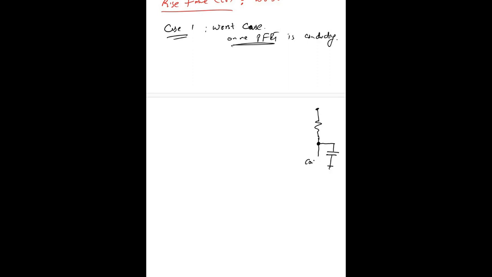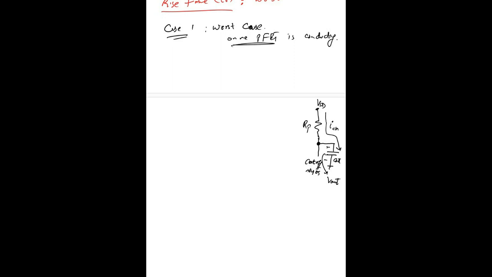Our NMOS is cut off, this is not conducting. So we can say that the current flows to this capacitor, that is Cout, and we can represent it as I, the charging current that flows from VDD through RP towards the Cout, and this also has an output voltage of Vout.